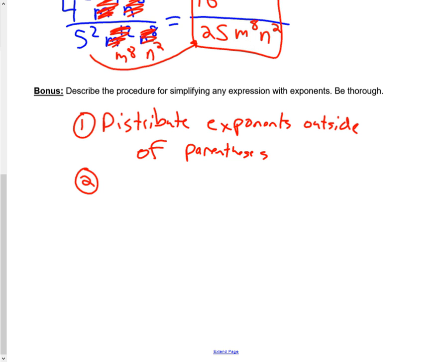Next, I would always look for negative and 0 exponents. Simplify negative or 0 exponents. Negative exponents by moving them to the bottom, or to the top if it's already on the bottom. And 0 exponents by essentially getting rid of them or changing them to a 1.